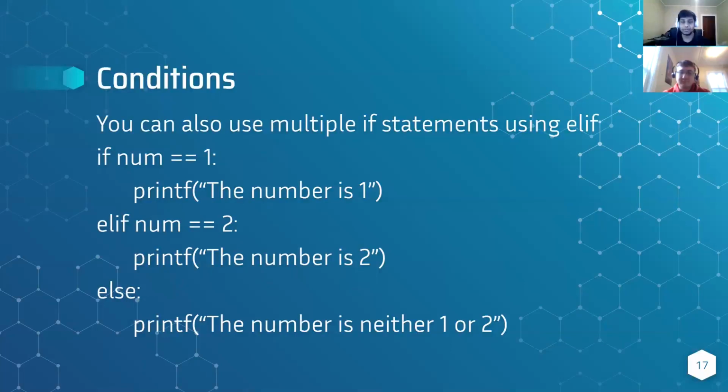And then we're back to the else, where it's like a catch-all type of thing. Anything that hasn't been included above, it will do this part. Else, print the number is neither 1 or 2. As you can see, we have 3 conditions, and only one of these bodies will actually get run. So either the first print statement, the second print statement, or the third print statement.